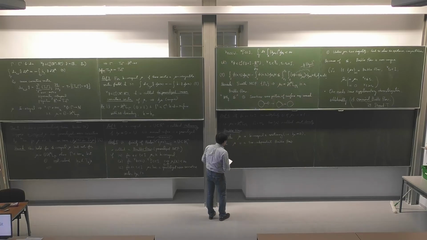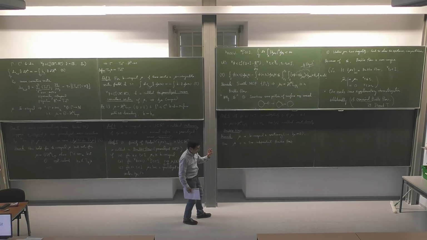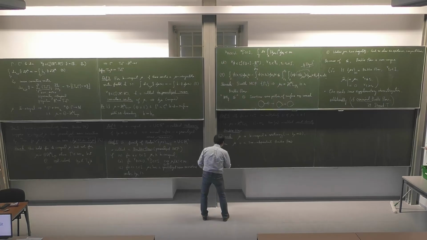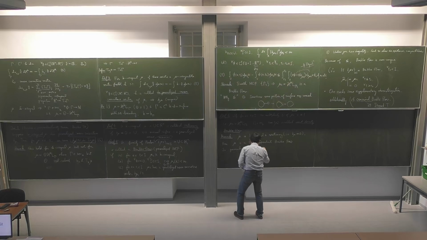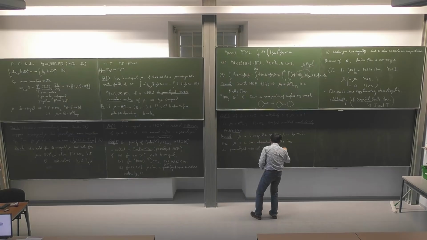So basically what I'm saying is that a generalized minimal surface is a Brakke flow, at least according to this.